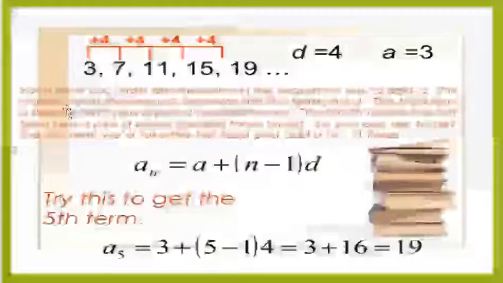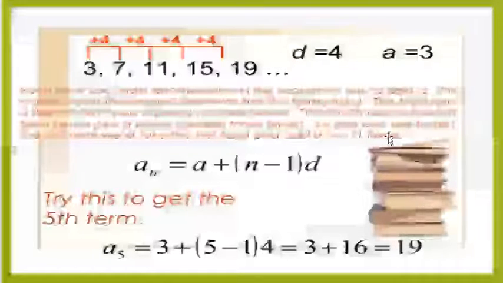So this would mean the second term is the first term plus d. Students, also remember these words: the second term will be the first term plus the difference. The third term is the first term plus d plus d, added twice.